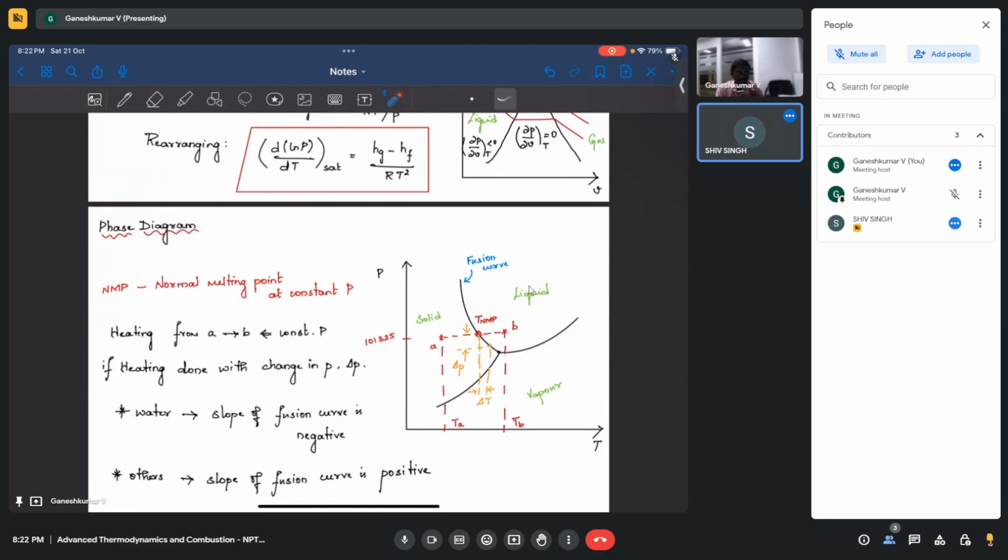Sir, degree of freedom is defined as we know, how many equations are required to define any system. So at the triple point, temperature is fixed, that is 273.16 Kelvin.